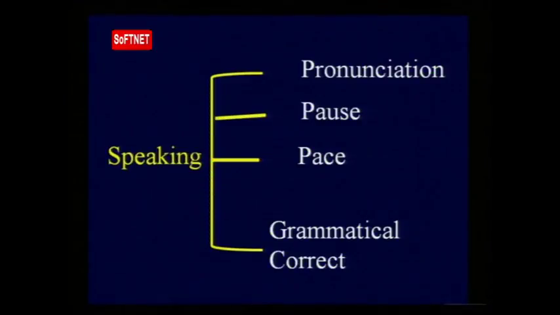You shouldn't talk too fast, nor should you stop too often. You have to pause at particular periods. Don't be too fast, nor be too slow. And the last one is grammatically correct sentences. It is very essential that when we speak, we speak grammatically correct sentences.